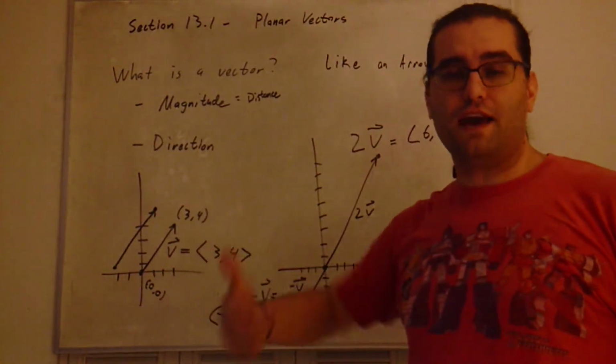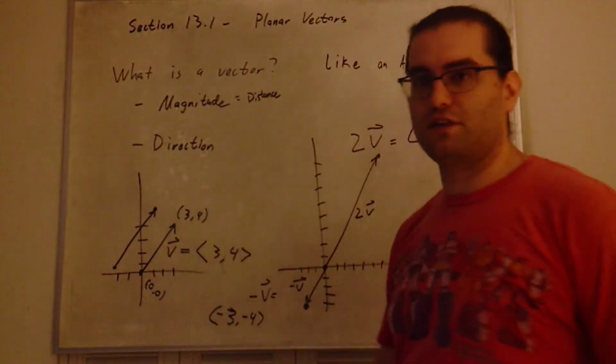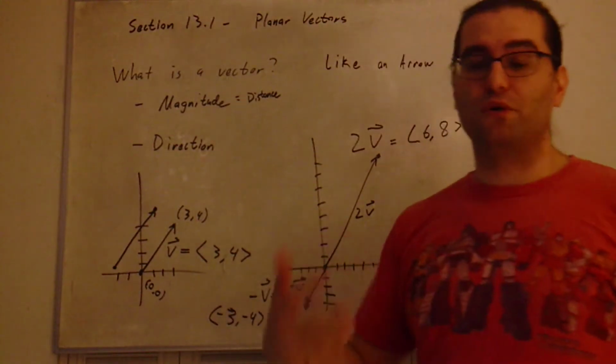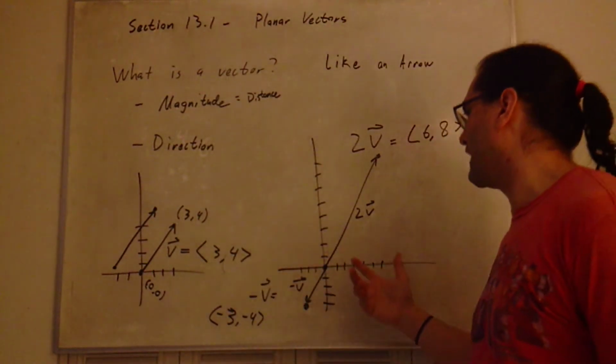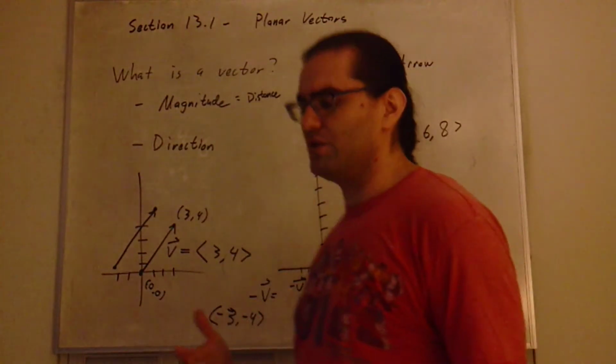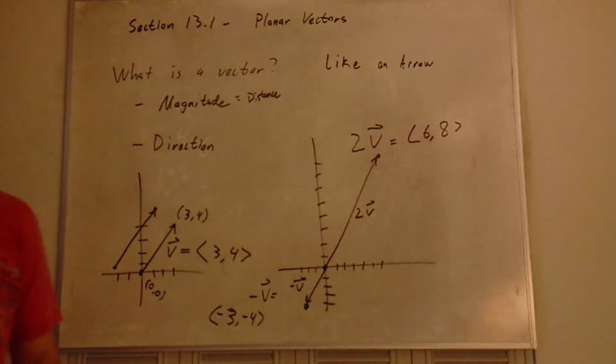So they have a lot of the same functionality as points do. We can talk about vectors as if they were positions, but we can do a lot more with them. We can multiply them by numbers in a way that's pretty intuitive. We could also add them together if we come up with a different vector that we want to experiment with.